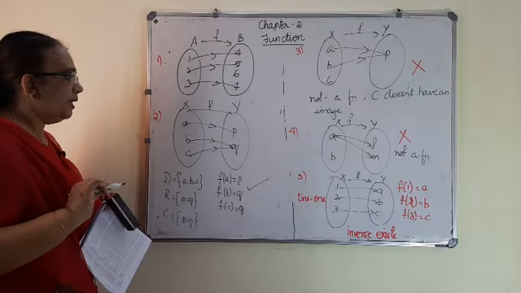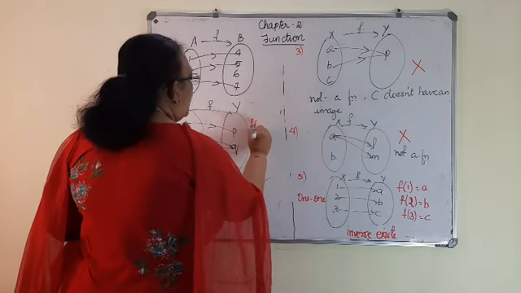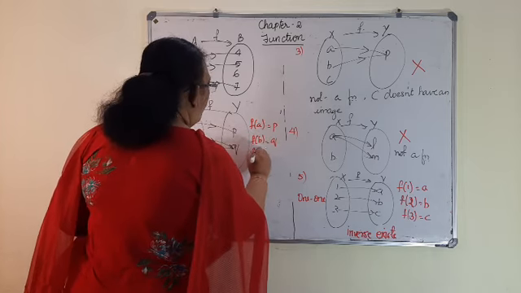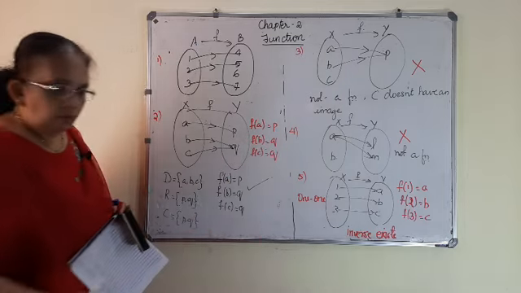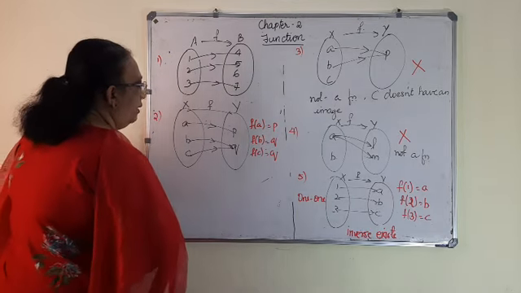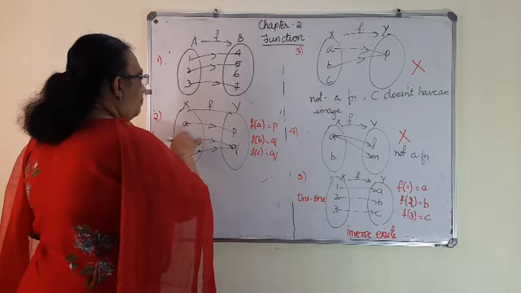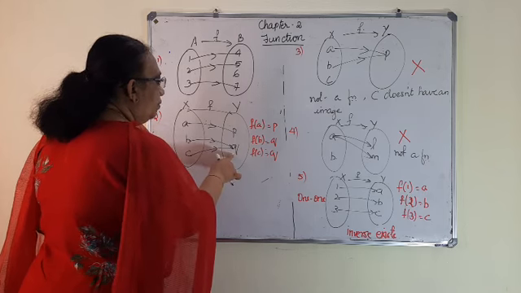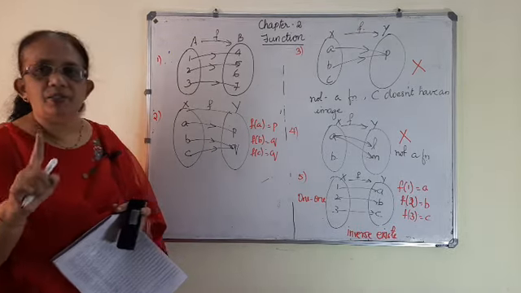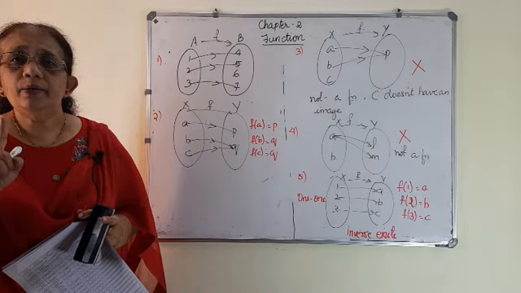Now we are discussing the inverse function. When you consider the second example, f of A is equal to P, f of B is equal to Q, f of C is equal to Q. Here it is a function, but does the inverse exist? The pre-image of P is A. But Q will have two images, B and C. According to the condition of function, the domain set should have exactly one and only one image.